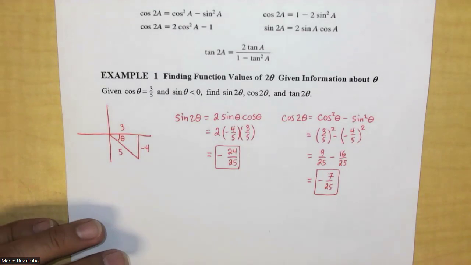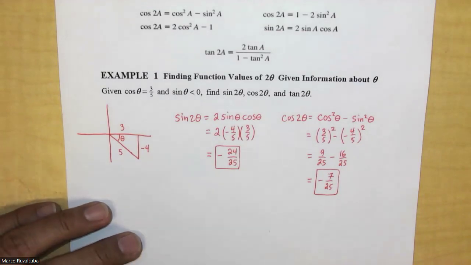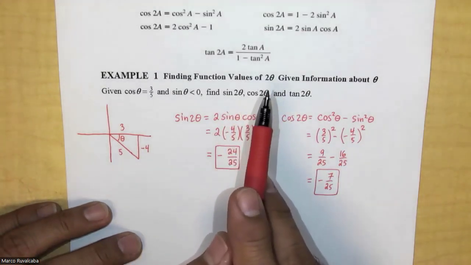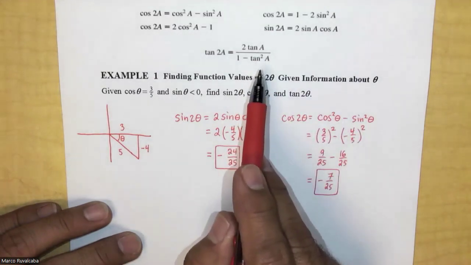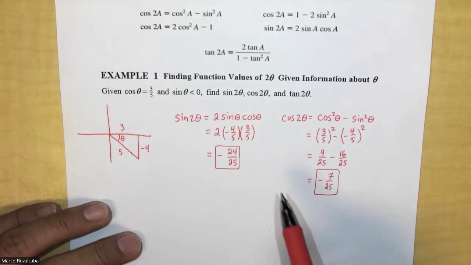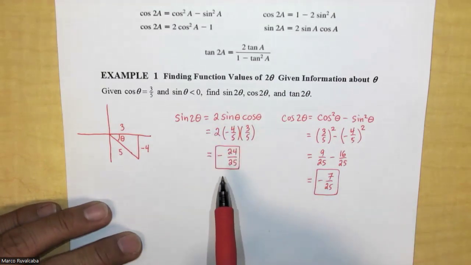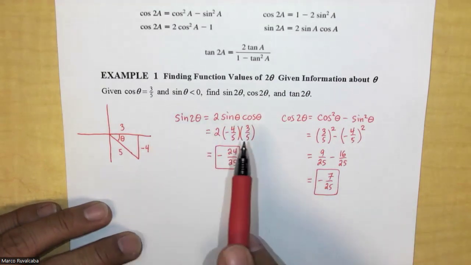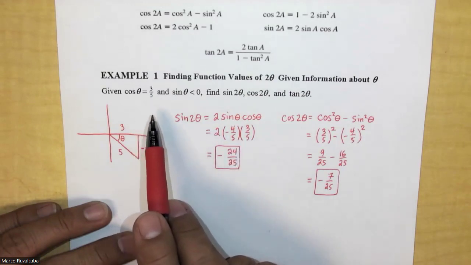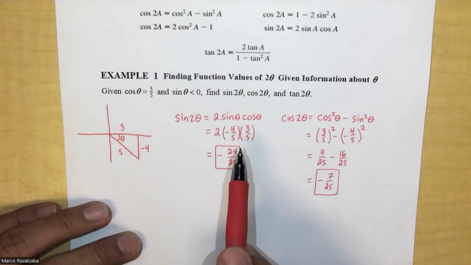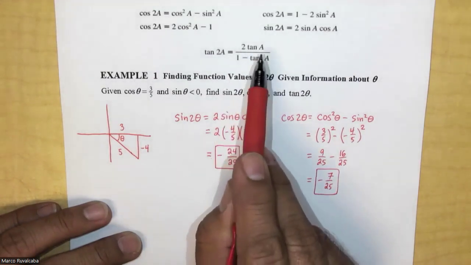And then finally, for this example, you could use an identity if we knew what tangent theta is. So you could divide sine theta, negative 4/5, by cosine theta, 3/5, get tangent theta, and then plug them in here.